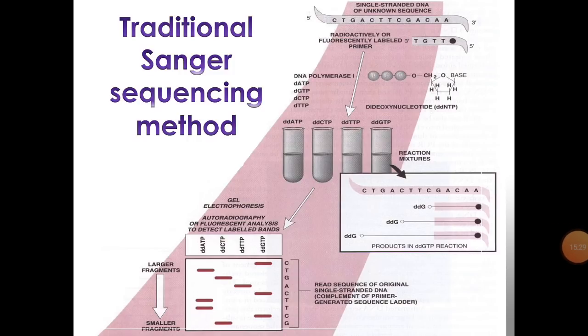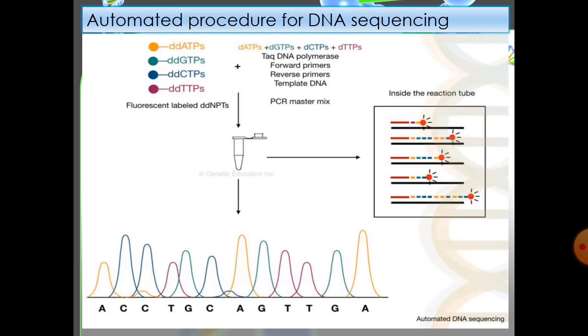Now this traditional Sanger sequencing method is tedious. So because of this, recent advancements in sequencing made it easy and rapid to use. Here there is the semi-automated Sanger sequencing method, which is based on Sanger's principle with some minor variations.